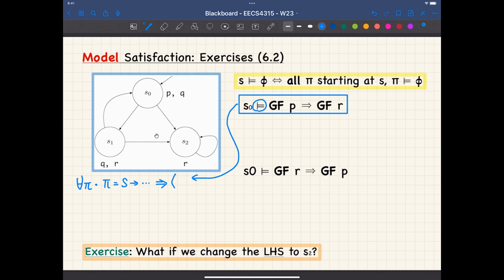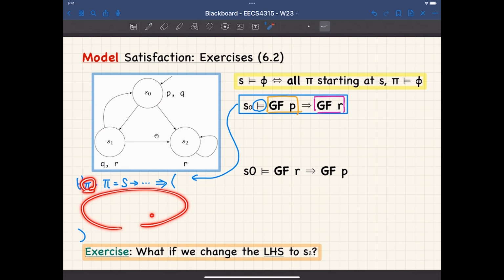And we got some very big body over here. Let's say this part here is orange, and this part here is pink. One thing to note, since everything you're defining within here is under this pi, the pi is going to be shared. So for the same path you're considering, if for that particular path, GFP is true, that implies for the same path, GFR is true.